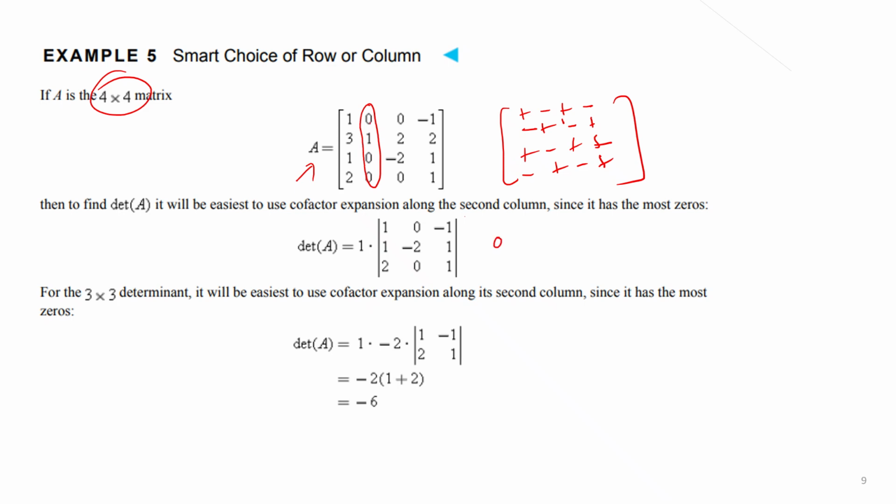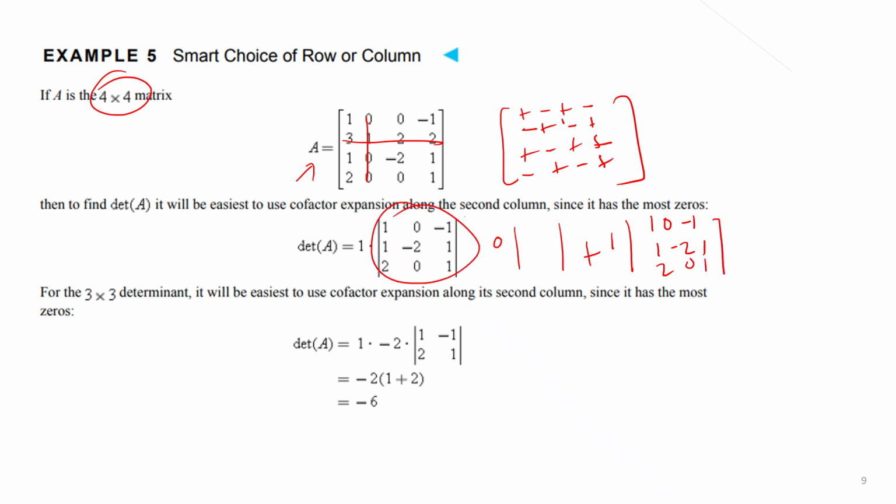If you expand from this second column, it means you will have 0 multiplied by some matrix, plus the second one, this one, 1 multiplied by the 3 by 3 matrix, which will be this one: 1 0 minus 1, 1 minus 2 1, 2 0 1. Yes, exactly this one.